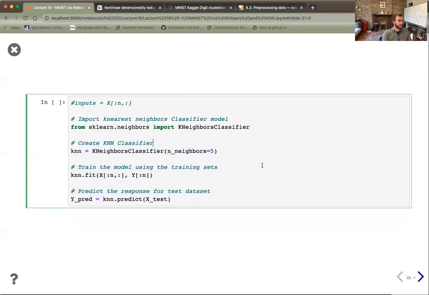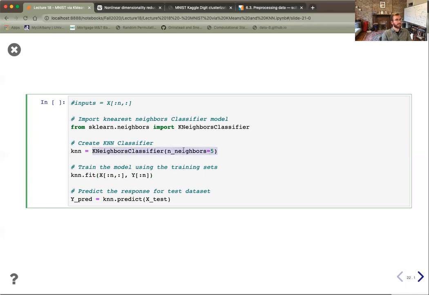So the rough schema here is we've got our X, which if you recall was the first 5,000 digits. Again, we already truncated it, so N equals 5,000. Now let's run the K nearest neighbors classifier.